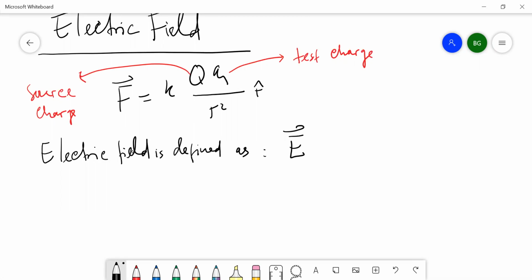So the electric field is defined as F over the test charge, little q. This will give K big Q over R squared.